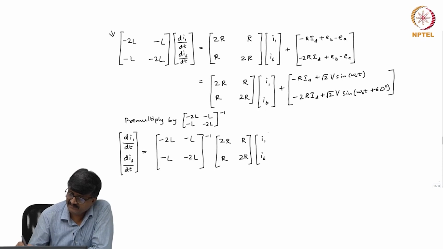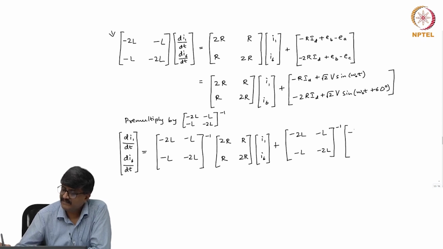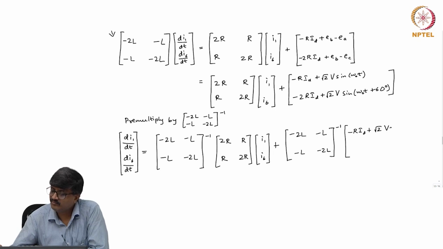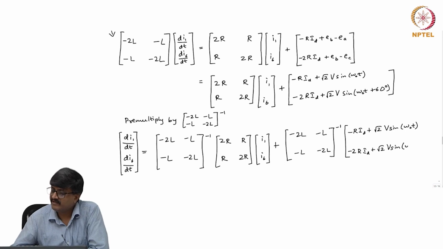The second term is the inverse of the matrix minus 2L, minus L, minus L, minus 2L, times the vector: minus R I_D plus root 2 V sin ωo t, and minus 2R I_D plus root 2 V sin(ωo t plus 60 degrees).